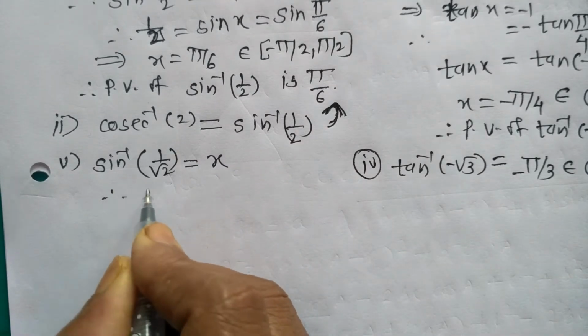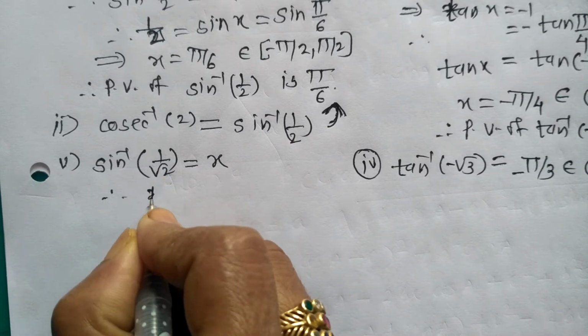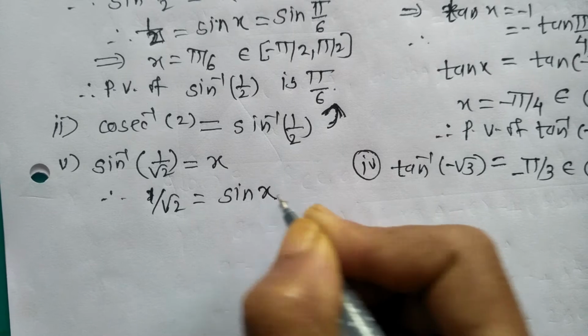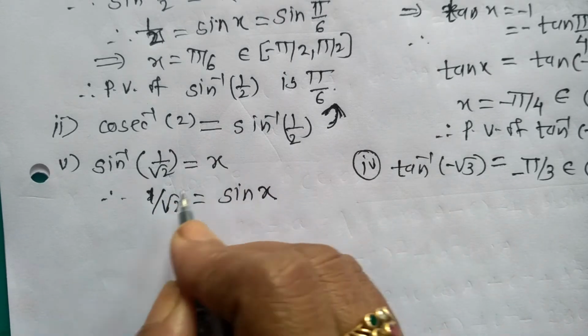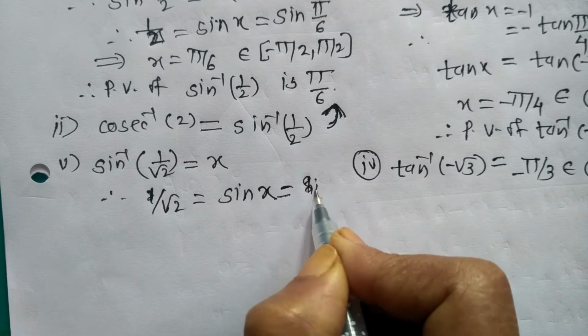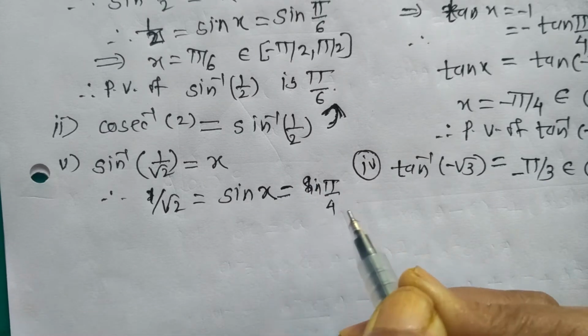is equal to x. So that implies sine x is equal to 1 by root 2, and this 1 by root 2 is the value of the sine ratio for the angle pi by 4.